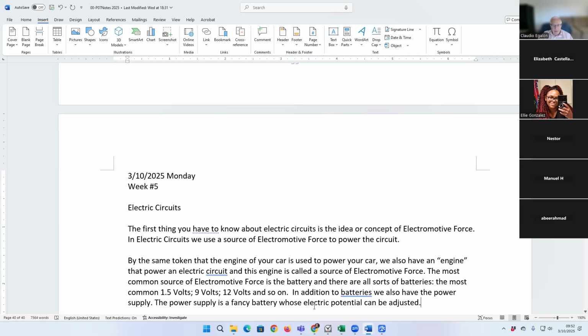It's a fancy battery with an electric potential that can be adjusted. And I already showed you that we can buy those power supplies out there.